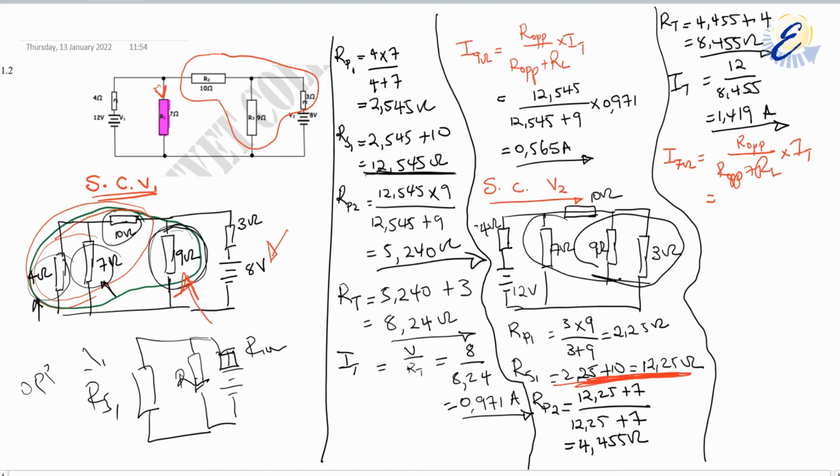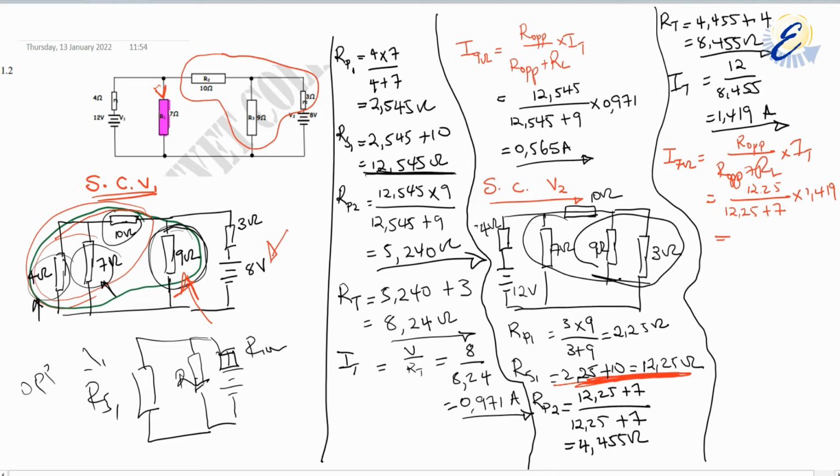In this case, this one is our RS1, 12.25 divided by 12.25 plus 7, because that is our imaginary load, multiplied by 1.419.